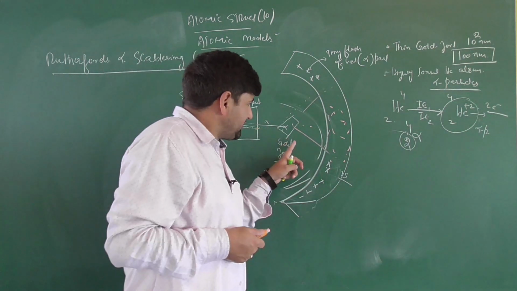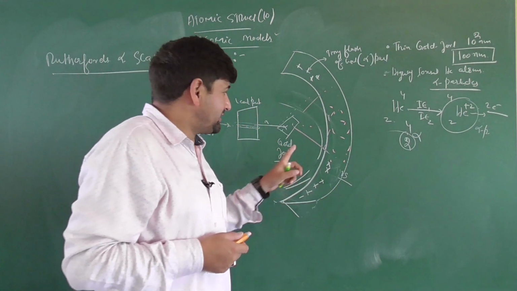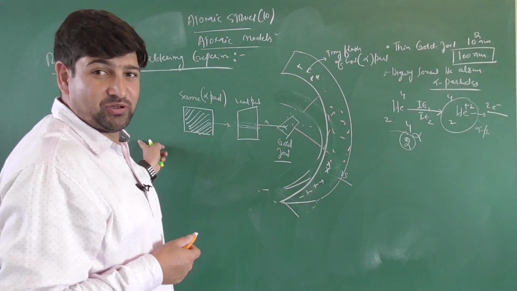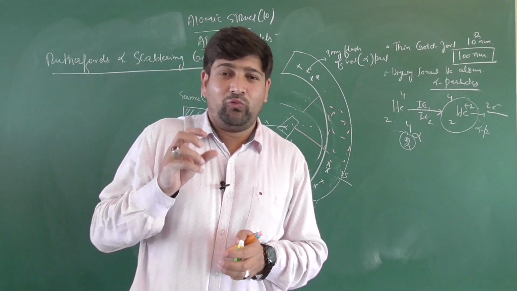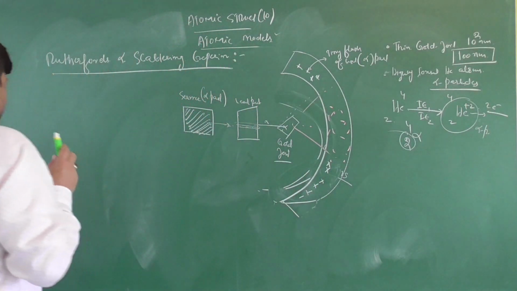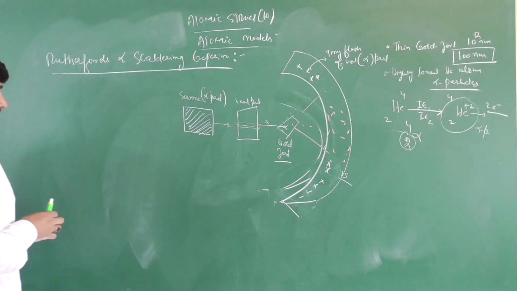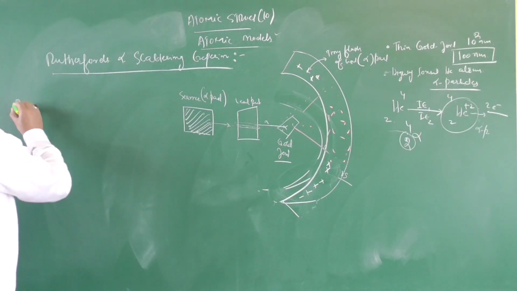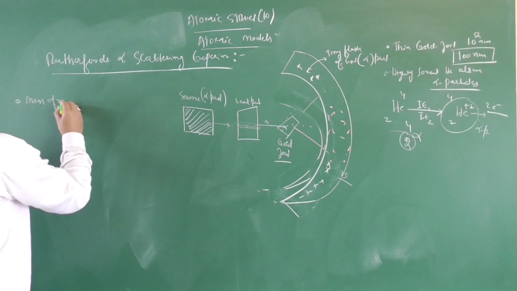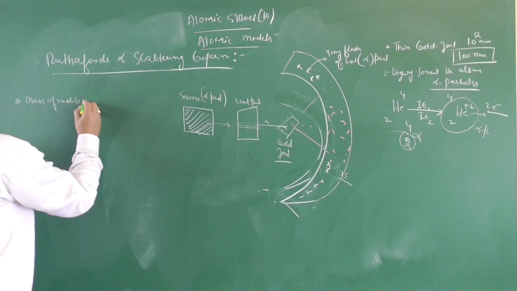And when observations were made, the results were completely different compared to J.J. Thomson's model. When he made observations, one of the things he found was that most of the radiations, which one?